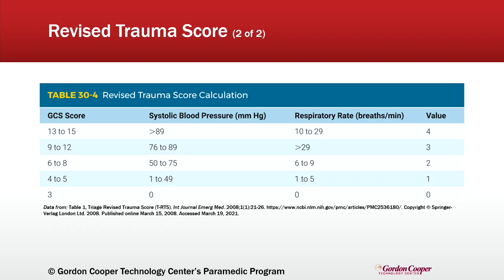You're going to continue to do another GCS if your patient's condition is changing, and if they have a head injury or potential head injury, you're going to redo the revised trauma score multiple times, and that way you can relay to the staff at the hospital, initially, I had a revised trauma score of this, and now what you see is what you get. Initially, it was 12. Now we're down to 4. Or something along those lines, and that way they've got a better indicator of how rapidly the patient's condition is changing.